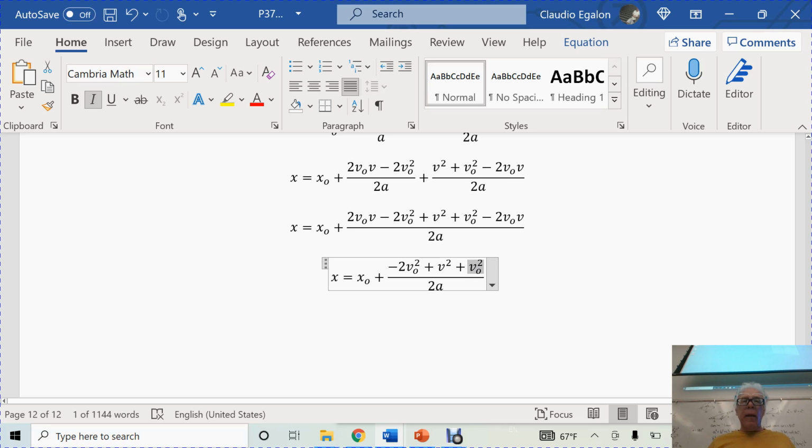You get 1v squared. Minus v naught square, right? Minus 2 plus 1, right? So minus v naught square. Here you go. And then we are almost done.